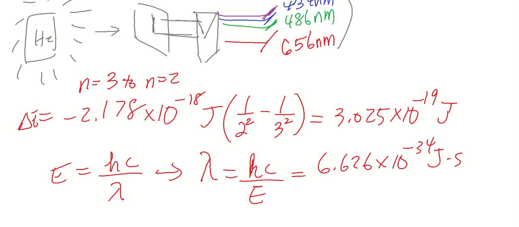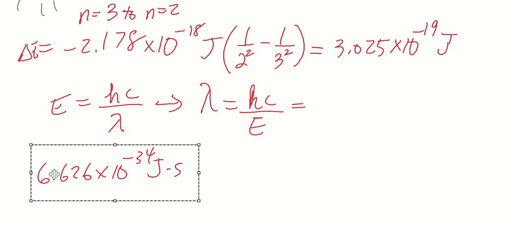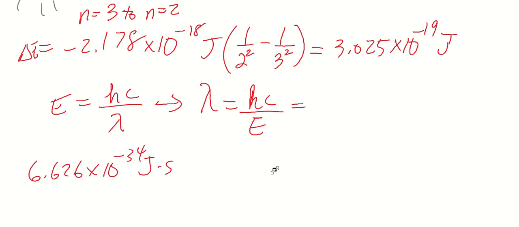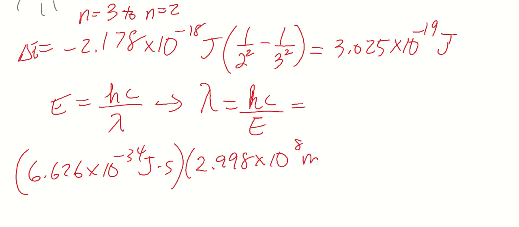The speed of light is 2.998 times 10 to the 8 meters per second. Seconds are going to cancel out.